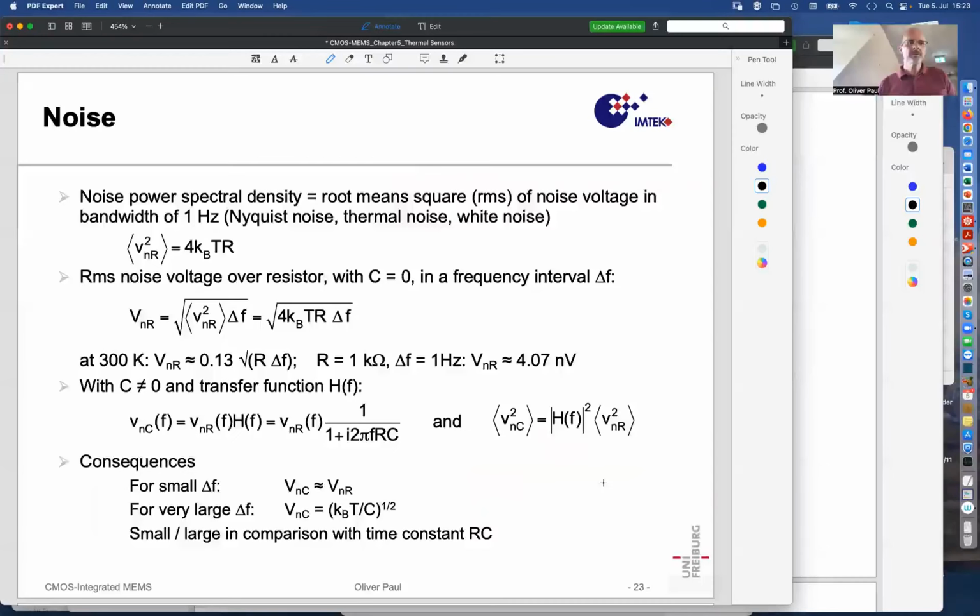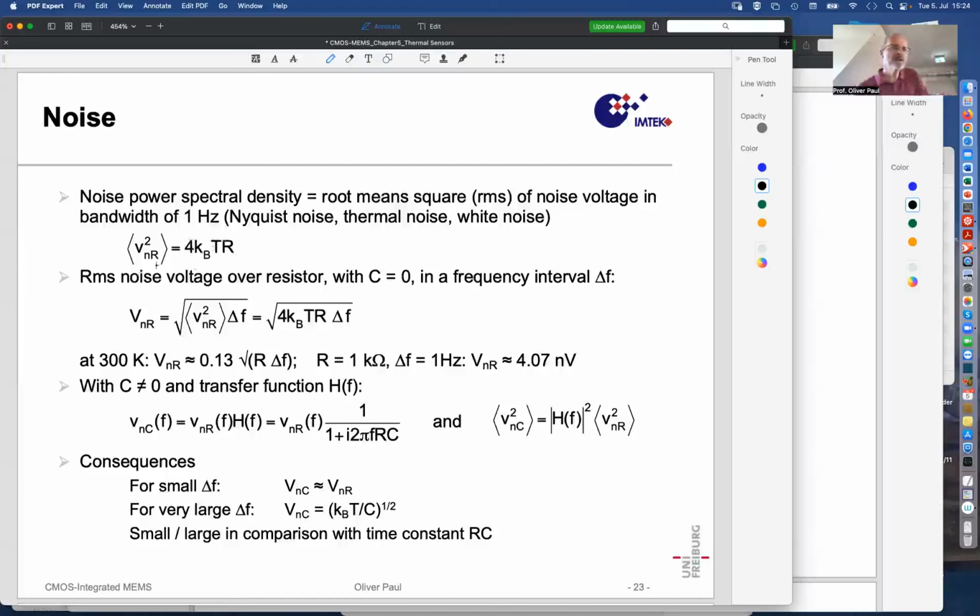So what is the noise power spectral density of a pure resistor? Let's assume that there is no C. That noise spectral density is given by this expression here. The average of V square per hertz is equal to 4 kBT times the resistance. kB is Boltzmann's constant.